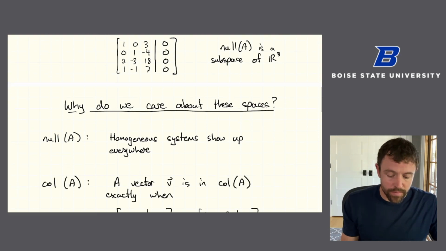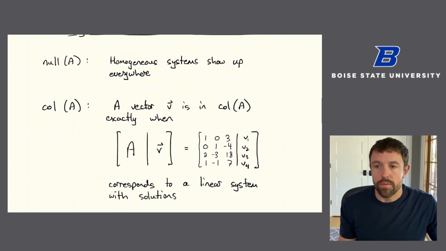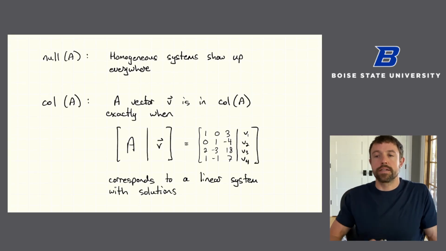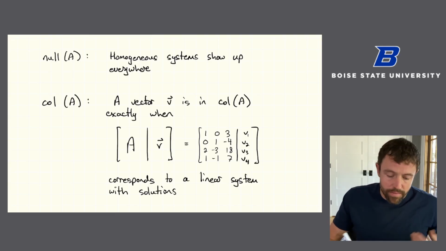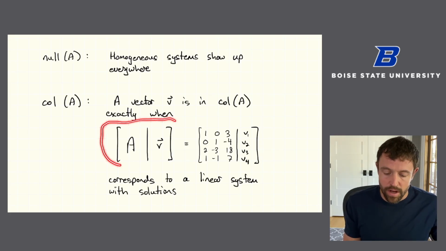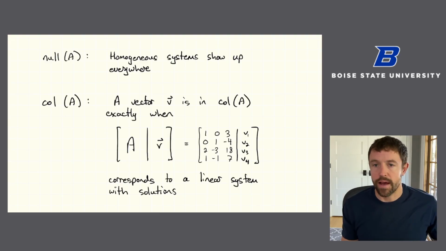The column space we've also actually used, although indirectly, and this requires a bit of thought. But if you think of this augmented matrix, we have A on the left and some vector on the right.